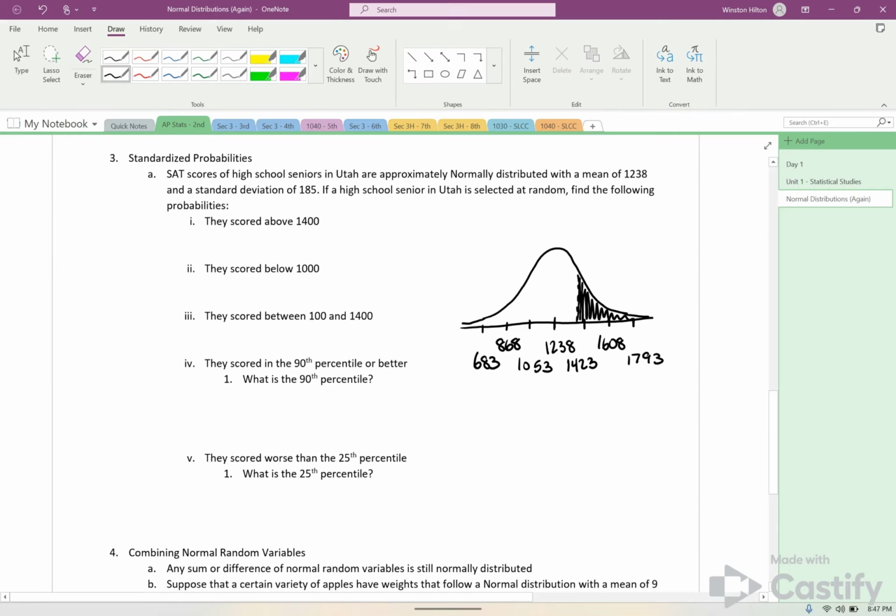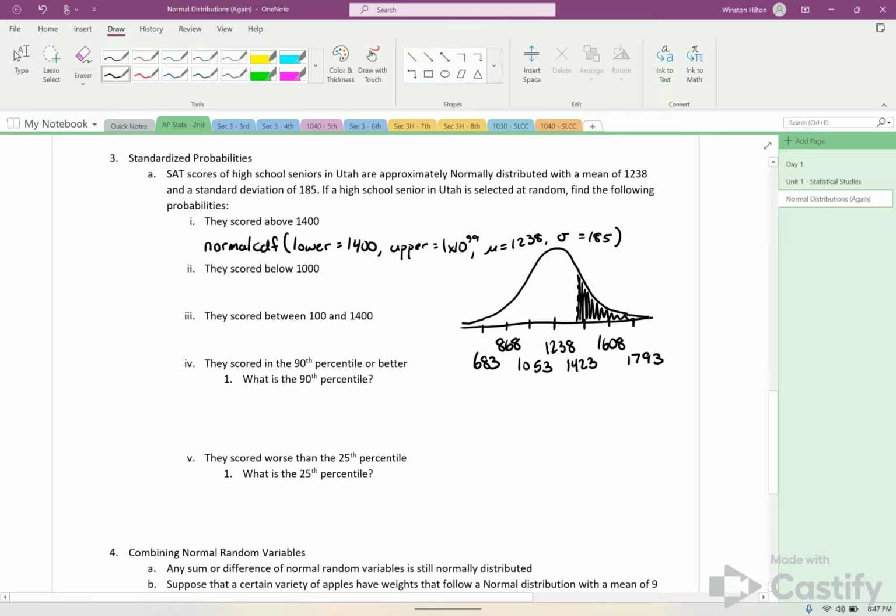On the AP test, you would have to write it out like this: normal CDF, lower equals 1,400, upper equals 1 times 10 to the 99th power, mu equals 1,238, sigma equals 185.